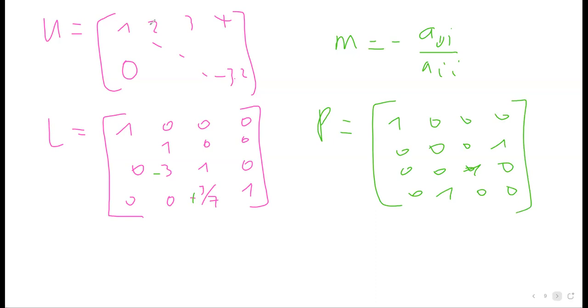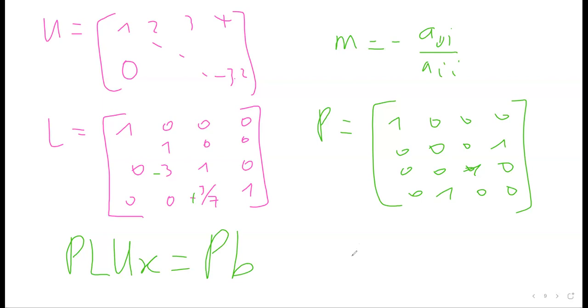This was the P. So you have your P, you have your L, you have your U, you have your X. Then you take the P and the B. Then you can solve again your system, right? Okay. Do you understand? Yeah, so this is how the pivoting is done.